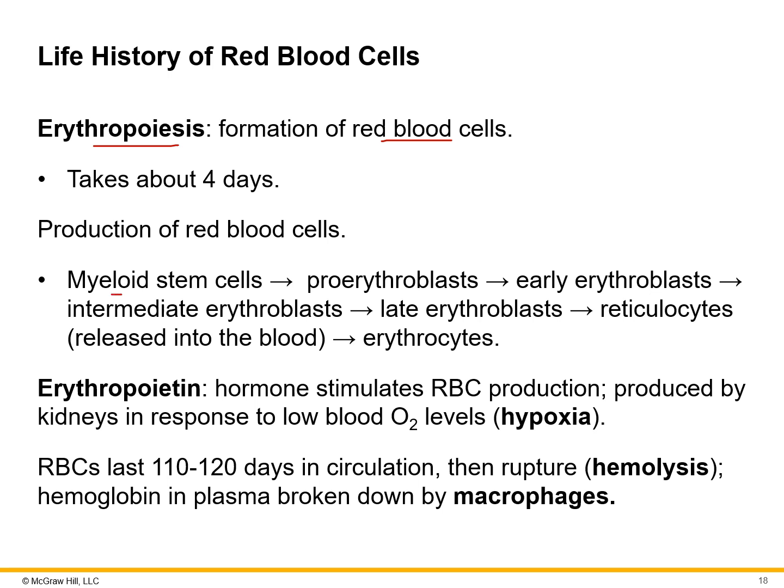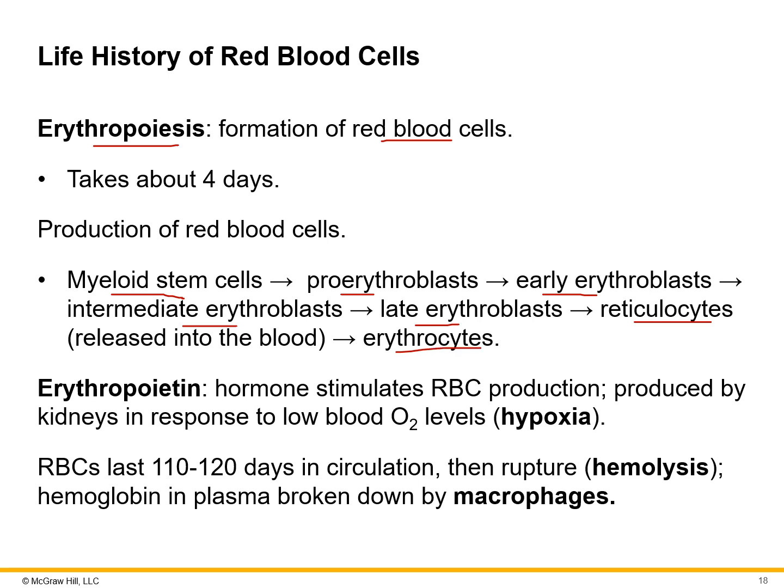Again, they differentiate into the myeloid stem cells. They then become proerythroblasts, again, meaning before the erythroblasts. Then we have early erythroblasts, intermediate, late. Then we have reticulocytes. These are once they're released into the blood, and then ultimately the erythrocytes.